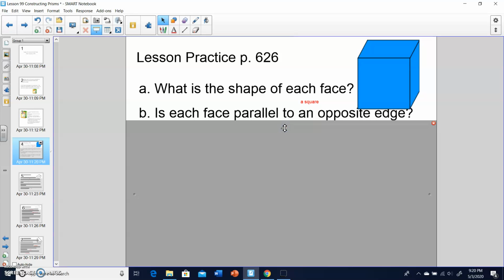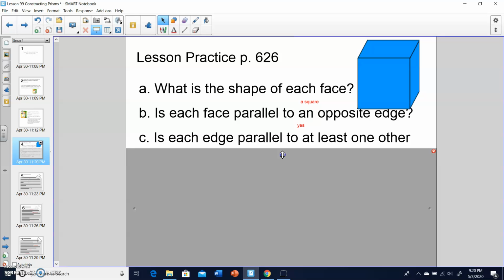Is each face parallel to the opposite face? Is the front parallel to the back? Yes. Is the right parallel to the left? Yes. Is the top parallel to the bottom? Yes. So each face is parallel to the opposite face.